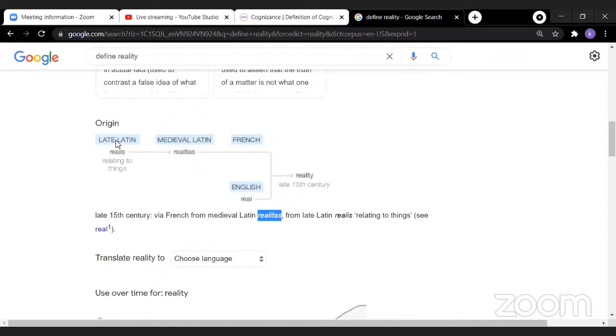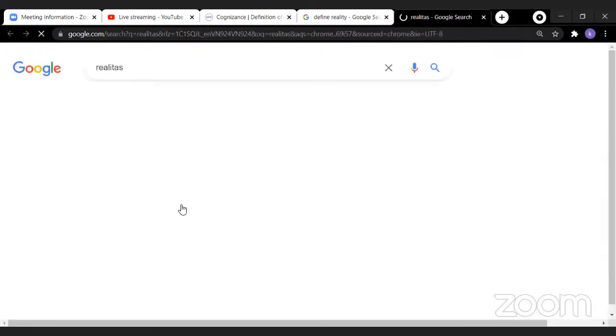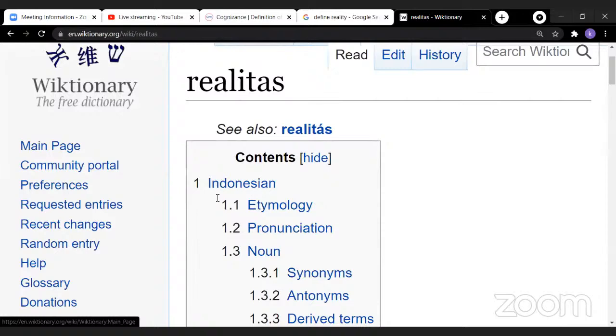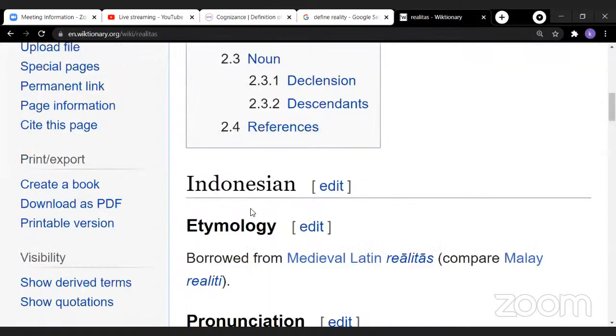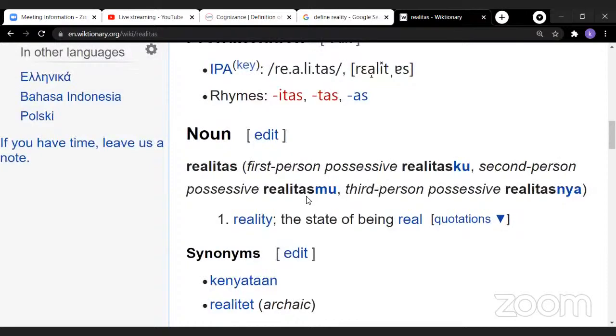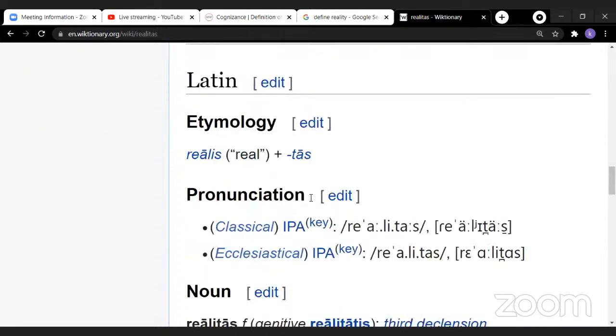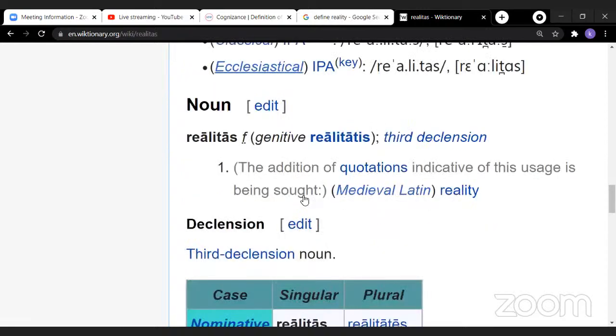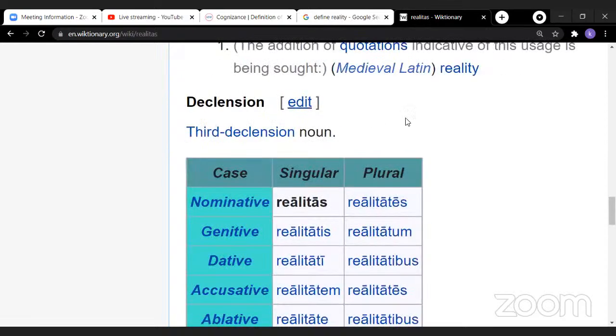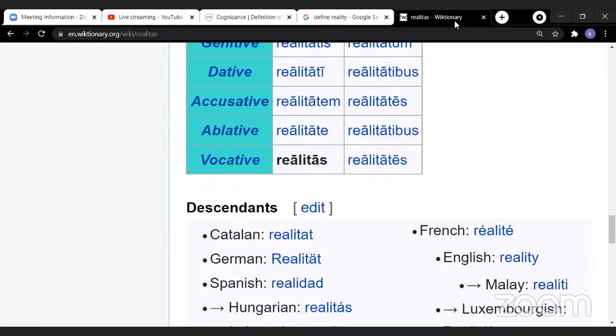This is the origin, the etymology of reality: late 15th century, from French, from medieval Latin. Now let's look this one up and see if we can get the senses. I don't see it. But anyway, reality, if you come to class, I can show you this. Reality is those things that you can only experience by your senses, so it's a synonym for concrete. Okay, so this is clear, right?